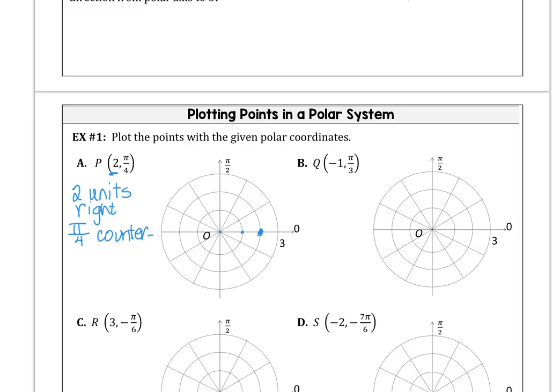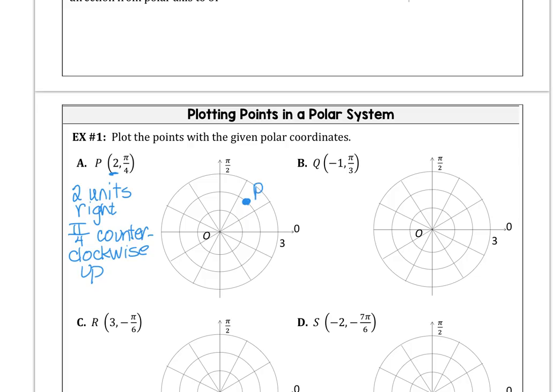A counterclockwise rotation would be up. So we start at 2 and go up to pi over 4, 1/4 of a pi. So we are right there. We're going to name that point P.